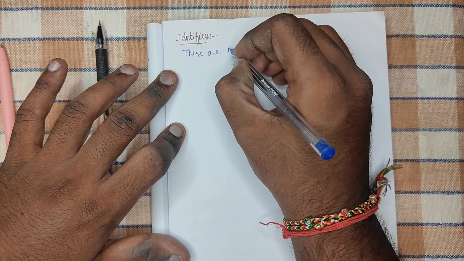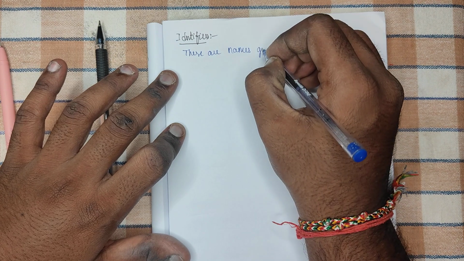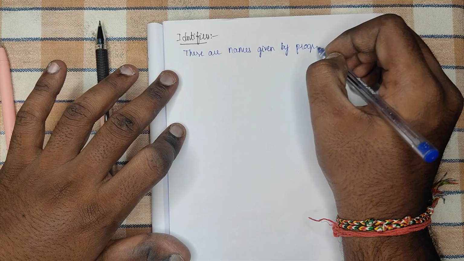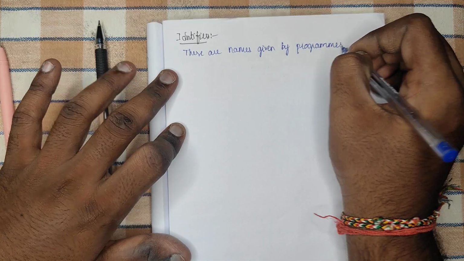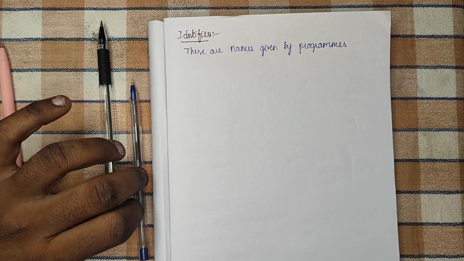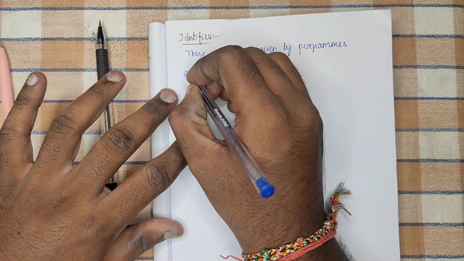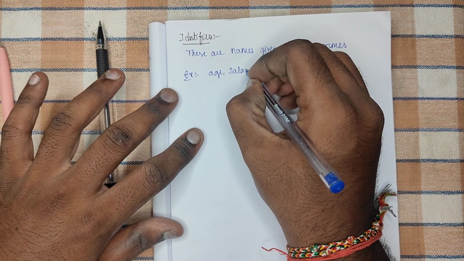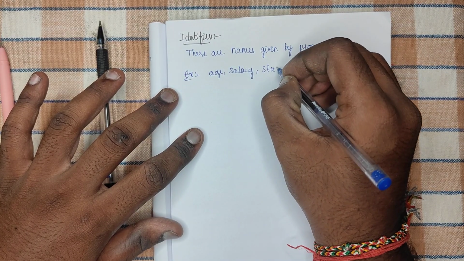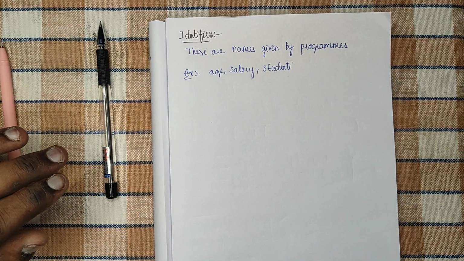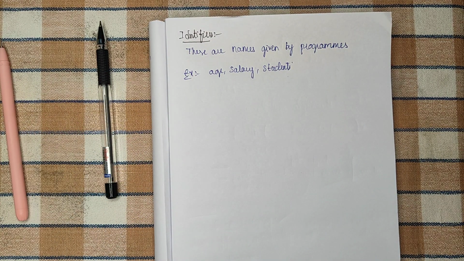Examples are age, salary, students, etc. As a real life example, every person has a name. Similarly, variables and classes need names.